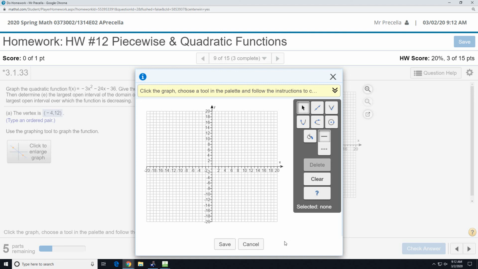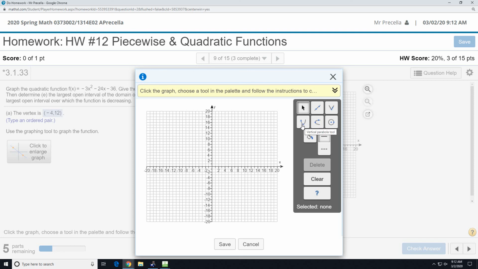So, let's choose our tool. This object selection tool, you'll never use that, okay? There's only one symbol, I know, but there's a line. It's not a line. We know the V. The V is the absolute value. Hey, what about this thing? That looks like a parabola. What does that say?